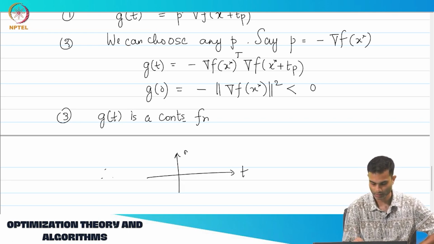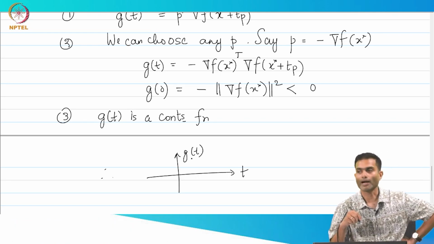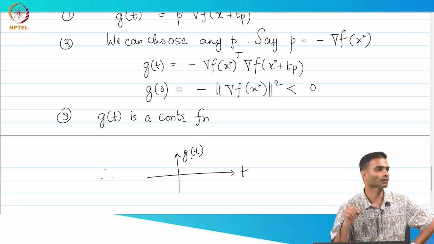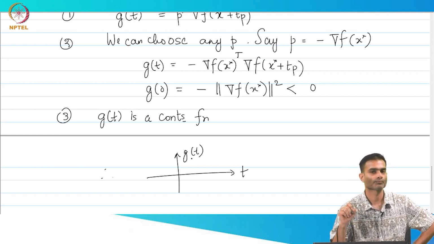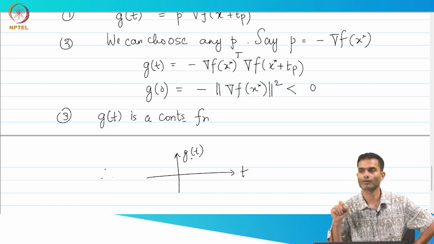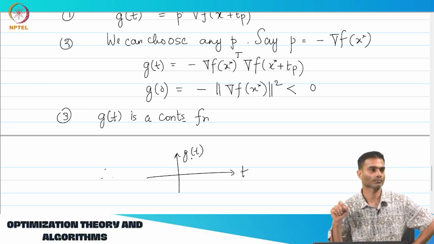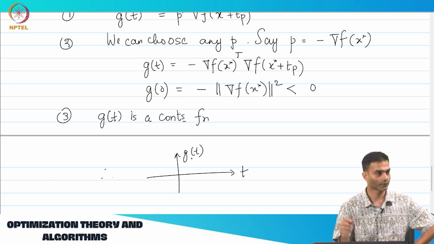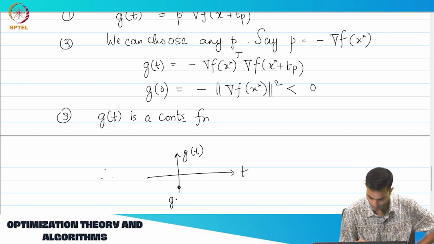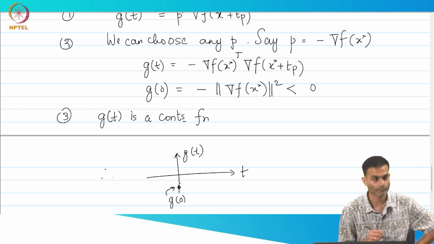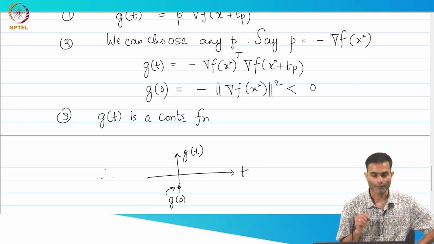This is t, g of t. At what point should I mark g of 0? Above the origin, below the origin? g of 0 is strictly negative. So g of 0 must be some point over here. Has to be, right?